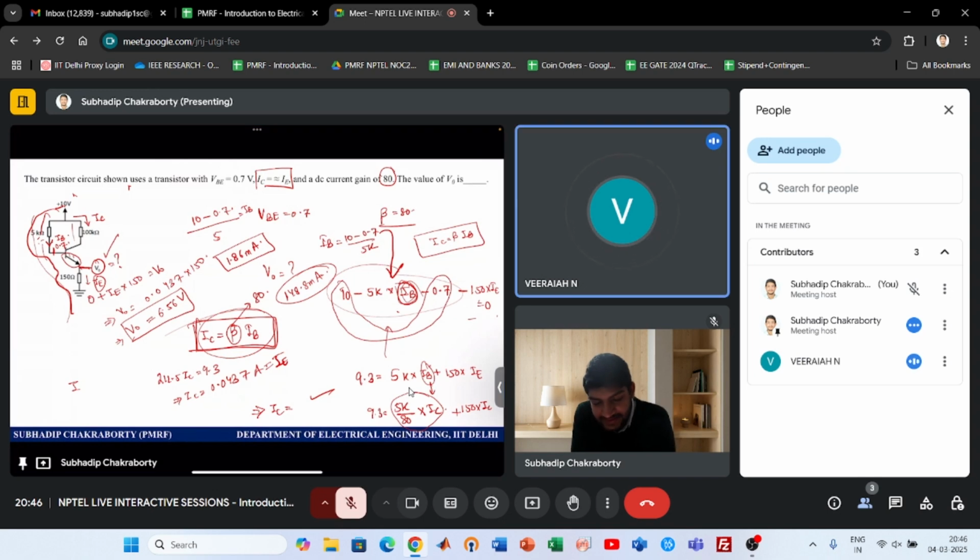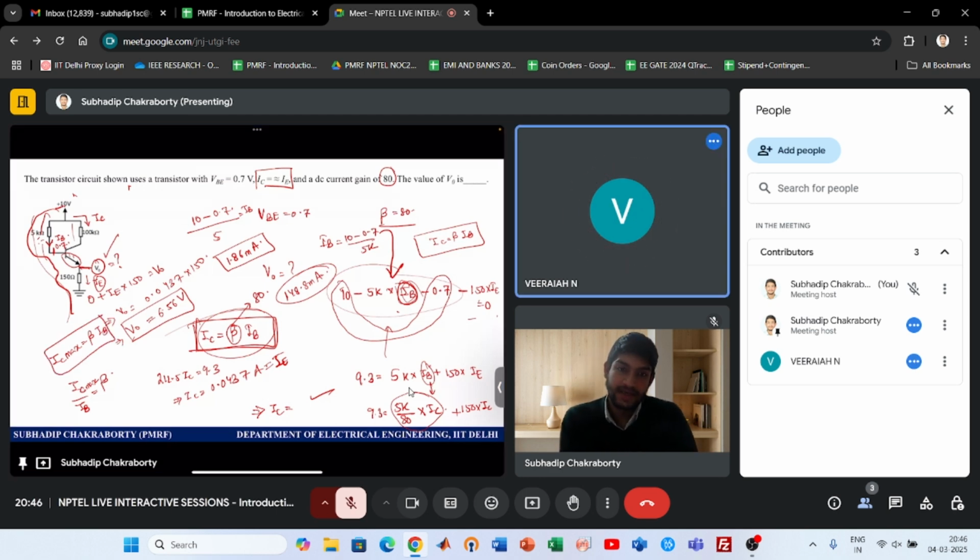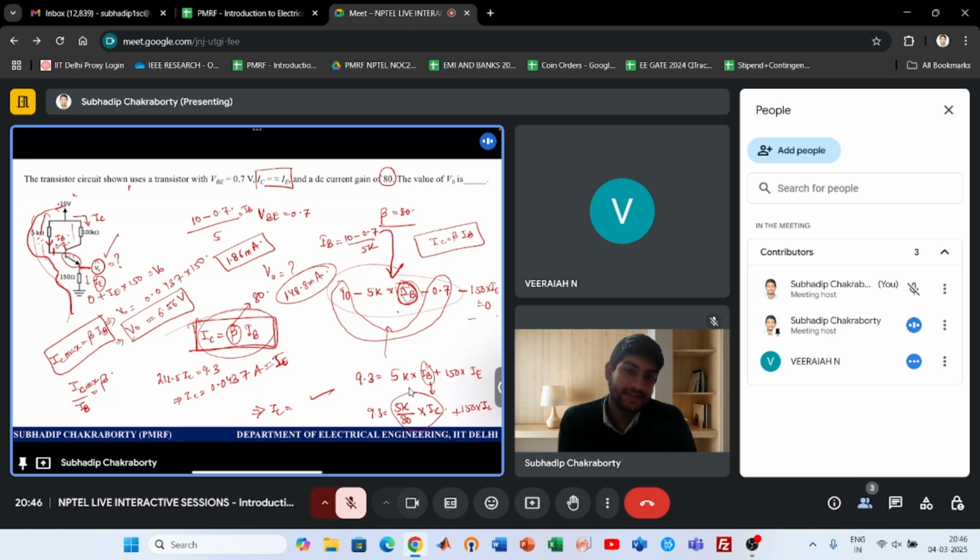10 minus 0.7 by 5 is IB. But this relation, IC by IB is beta, gives us IC max. Not IC. IC max is beta times IB, which is in the active zone operation. Now, we did not calculate IC max, we calculated IC.